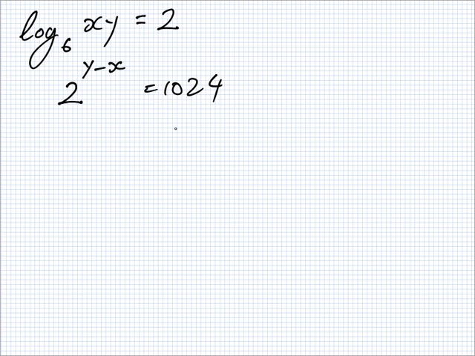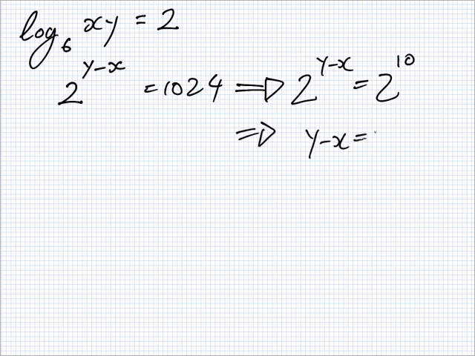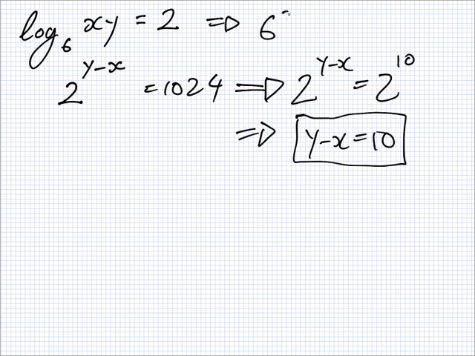So look, first things first. I'll change this into 2 power y minus x equals 2 power 10. So I change that into y minus x equals 10. Now I'll change this into 6 power 2 equals xy. So that becomes 36 equals xy.